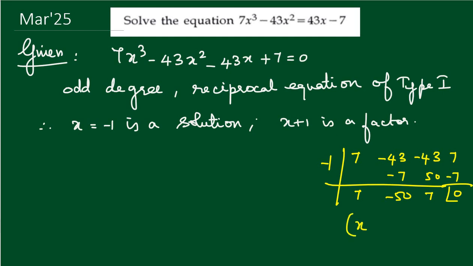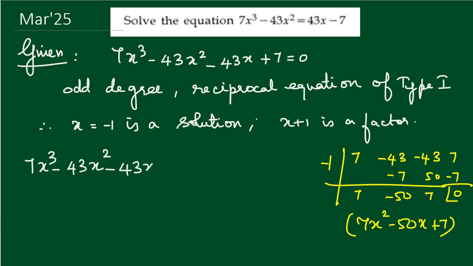The other factor is 7x squared minus 50x plus 7. So the given equation can be rewritten as 7x cubed minus 43x squared minus 43x plus 7 is equivalent to x plus 1 into 7x squared minus 50x plus 7. So 7 into 7 is plus 49.